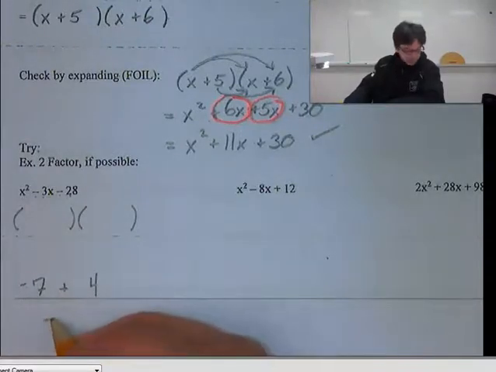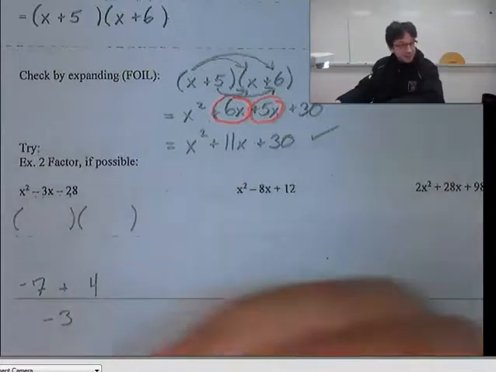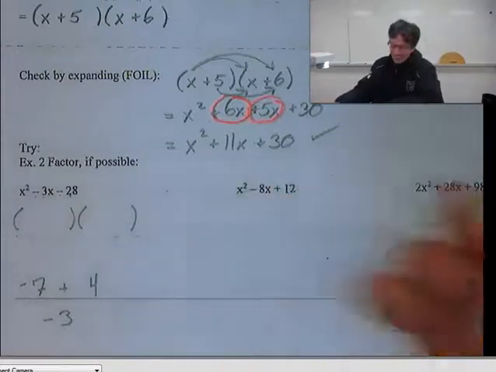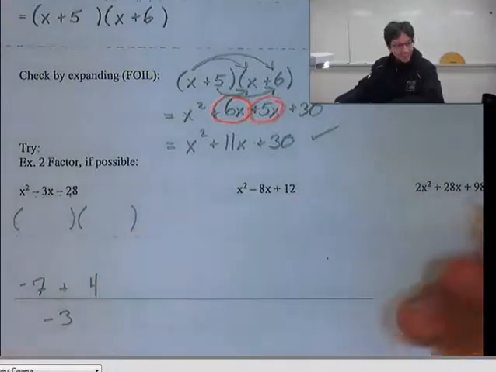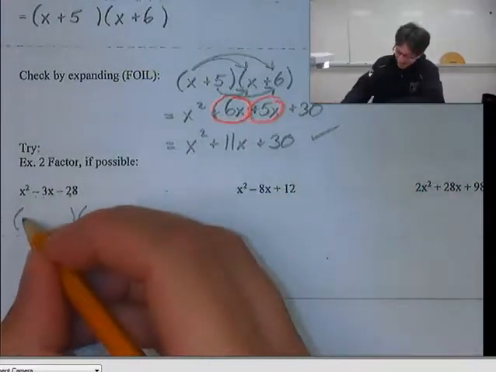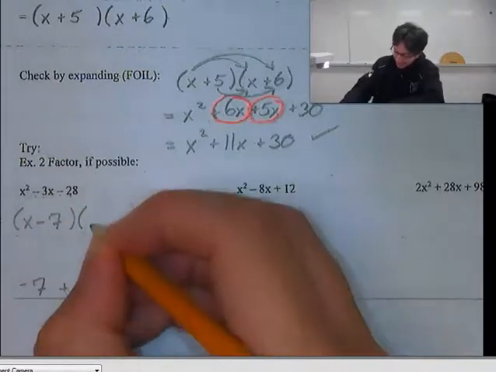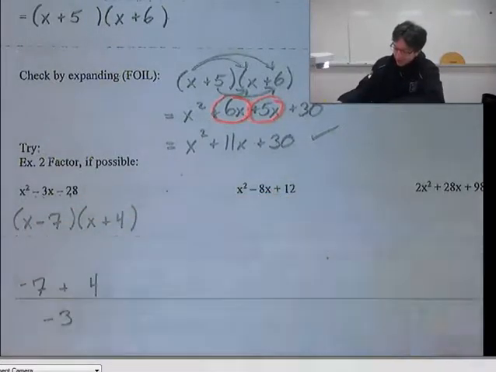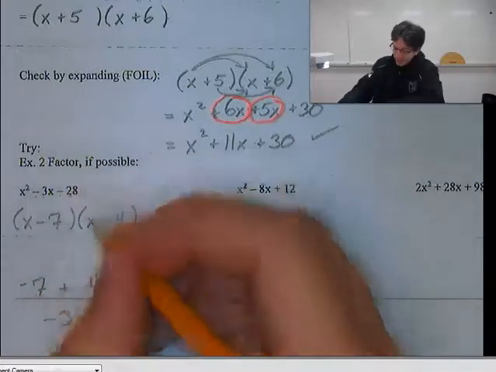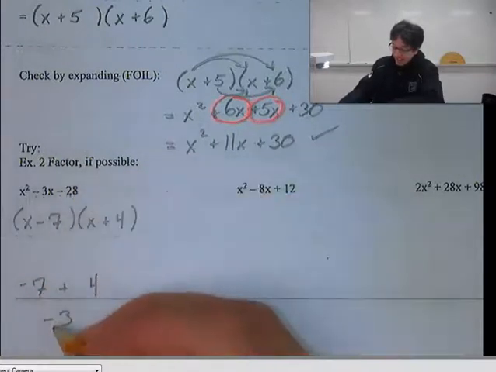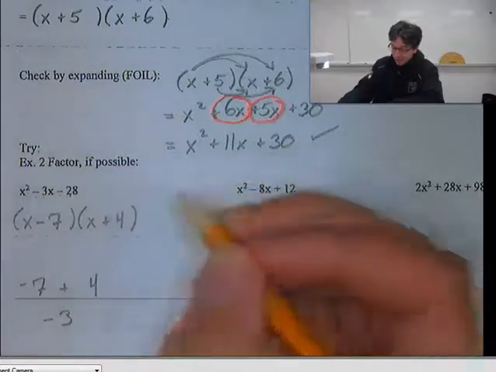Oh, I got it on my first try. You might get lucky like that sometimes, right? So that works. So you can write x minus 7 and x plus 4. Right? So they multiply to give you negative 28, and they add to give you negative 3.